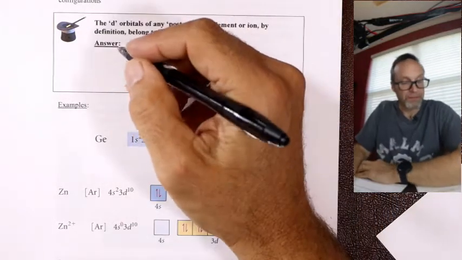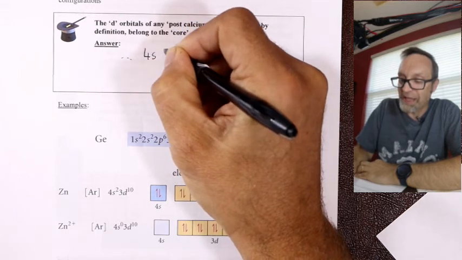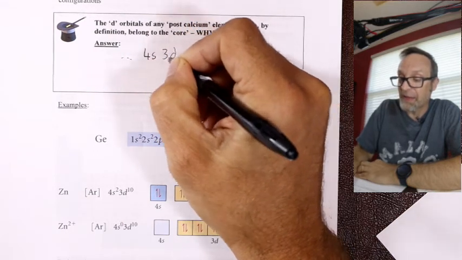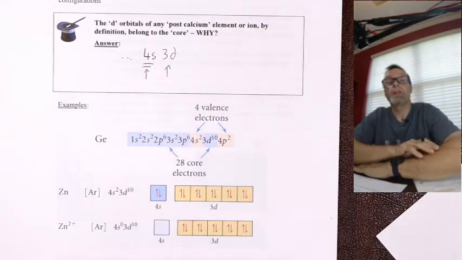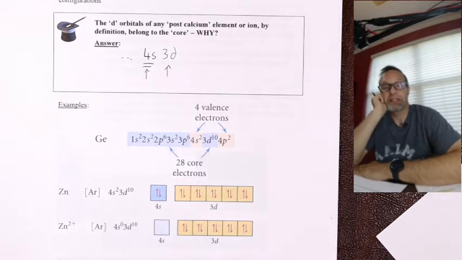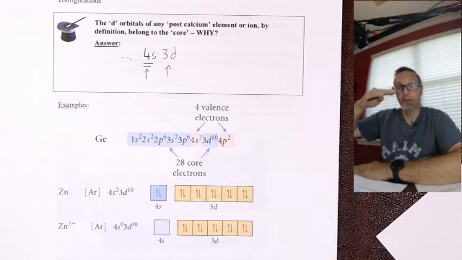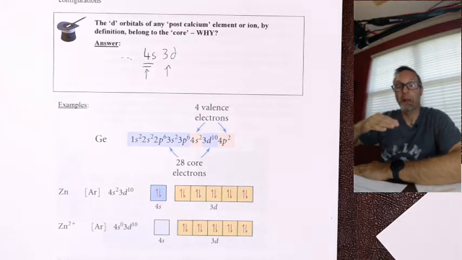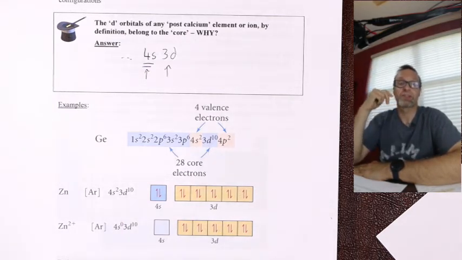Because if you remember, the order of filling was 4s and then 3d, okay? Look, in terms of quantum numbers, what's going on? The outermost layer is by definition the valence layer, right? Because 4s has slipped down, interesting, right? Below 3d, it will fill first, even though it's addressed to a higher level. And that's why the transition metals are such weirdness in terms of their chemistry, right?